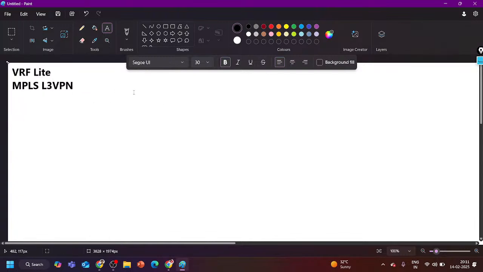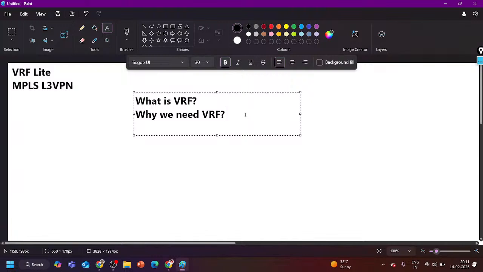Before discussing the types of VRF, what is VRF? Can anyone tell me the need of VRF? Why we need VRF? I had already told you the answer of this question in the BGP session, if you remember. Yes, sir.